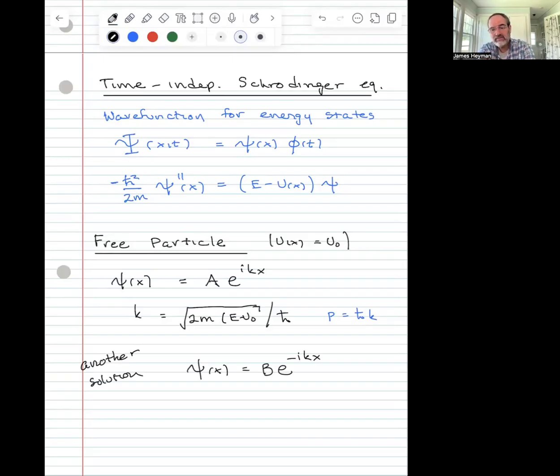And then one can show very easily that this second form is also a solution to Schrodinger's equation. If you want, you can pause the video, go ahead and substitute this in, and you'll see in a moment that that's true. Okay? Because of this, the most general solution is actually a combination of these two.